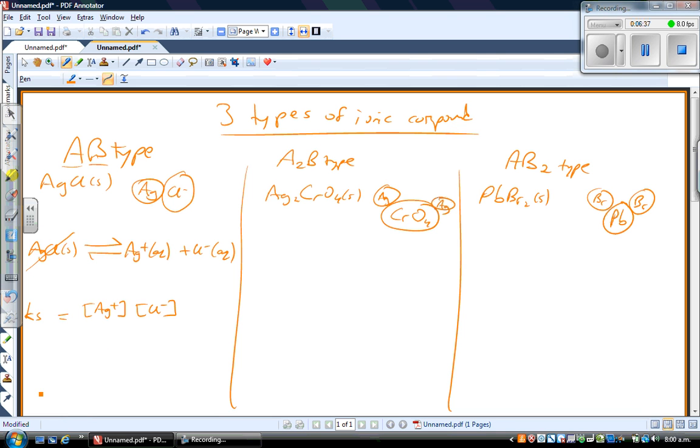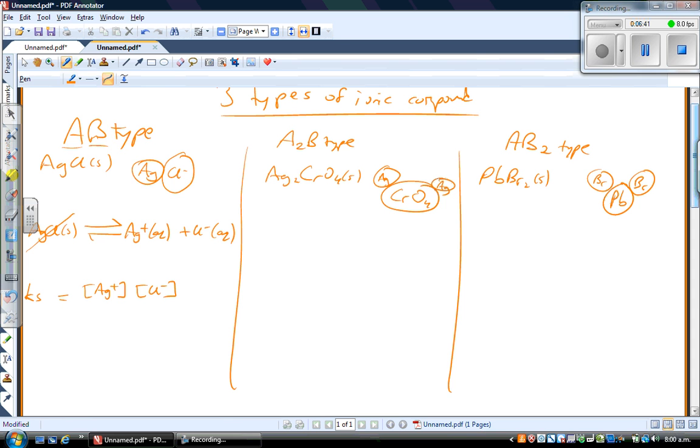Now, if we want to relate Ks to S, there's a little trick we can do, and the secret to this is to let the letter S equal the starting concentration of your AgCl. If we do that, then the Ks expression can be changed: Ks is equal to the concentration of Ag+ ions, which gives 1S, and also 1S from the Cl-.